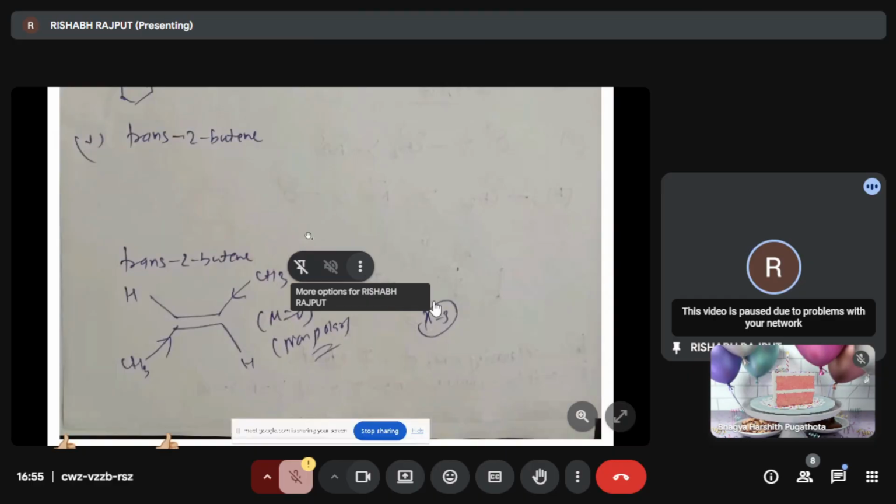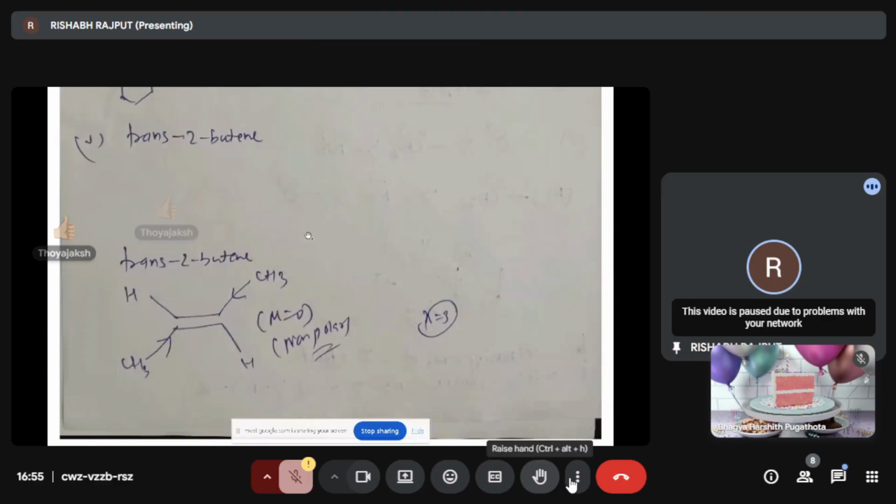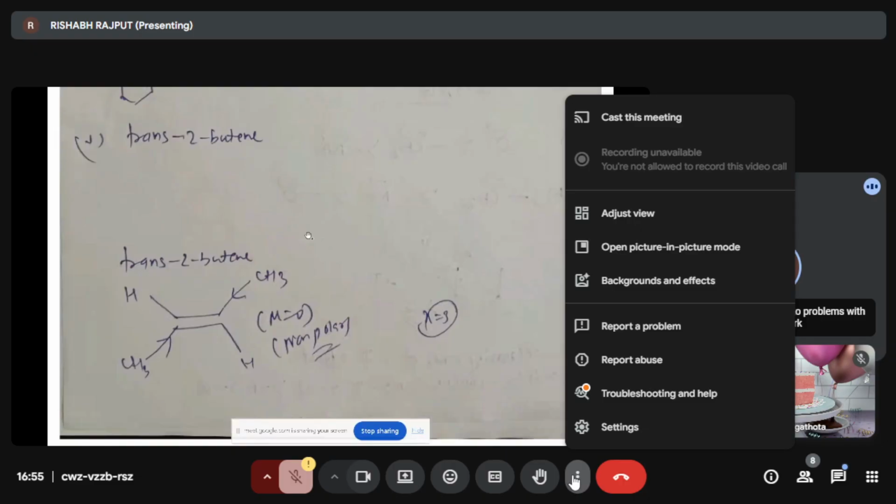Guys, can you see this cyclohexane? In this cyclohexane, this carbon is connected with two carbons, this carbon also, this carbon also.